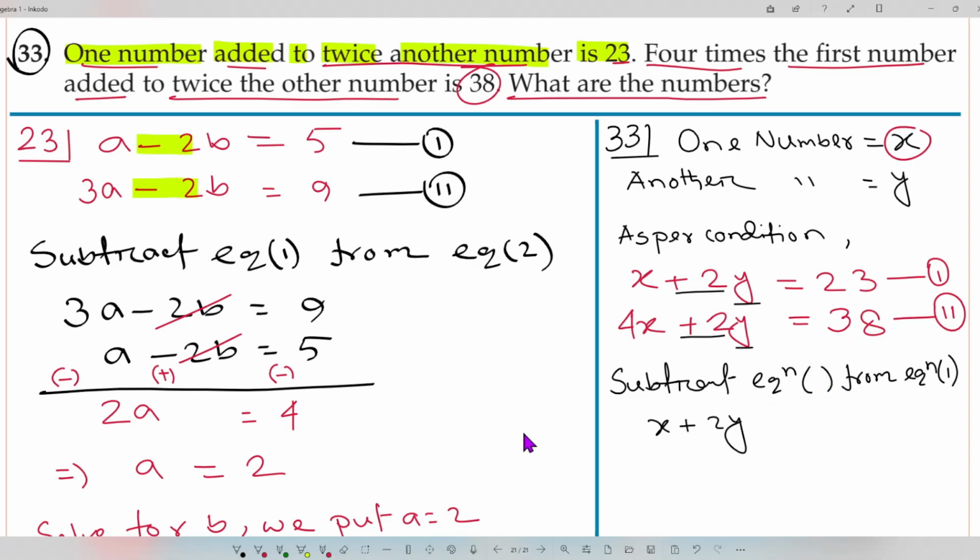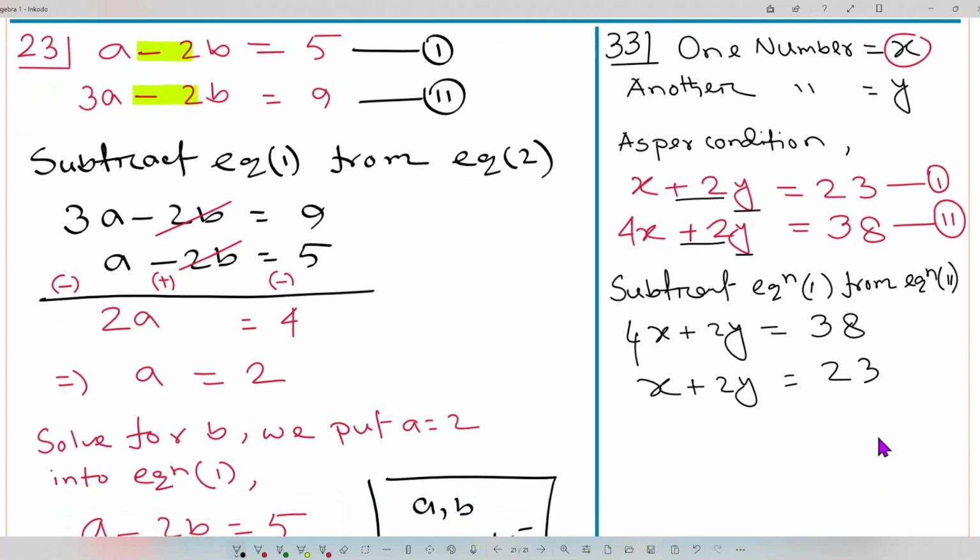So here is 4x plus 2y equals 38 and x plus 2y equals to 23.